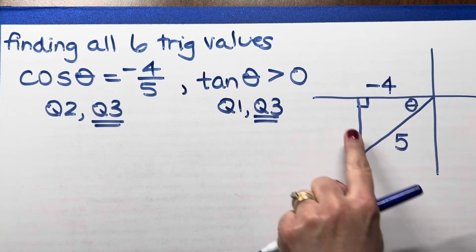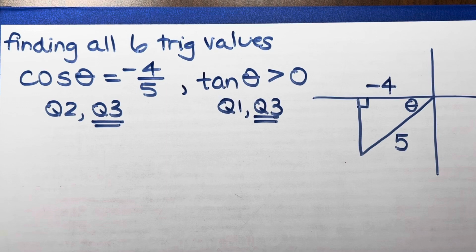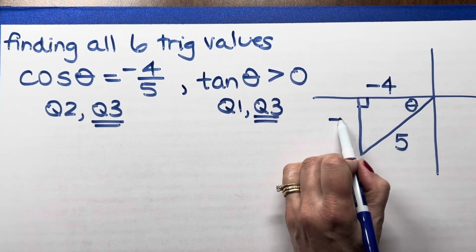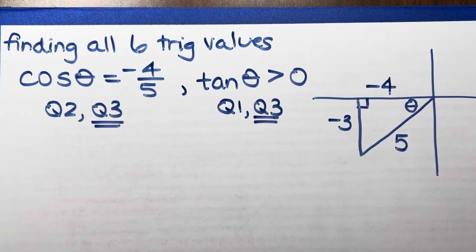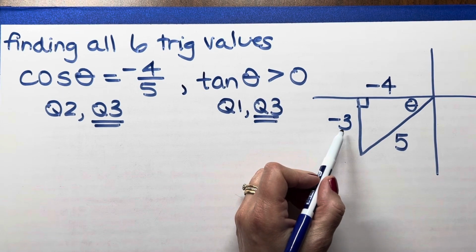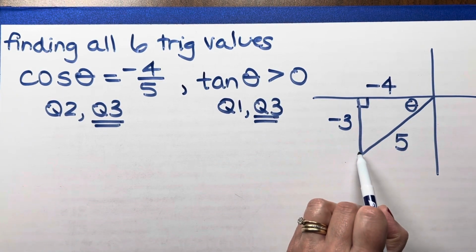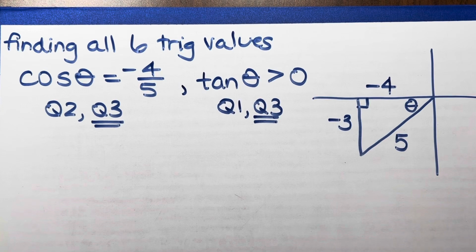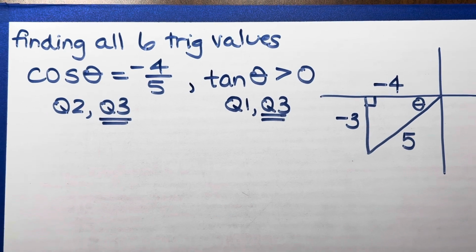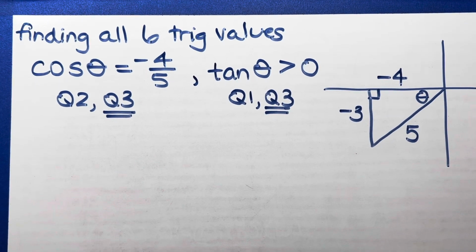If you recognize this as a special Pythagorean triple, my third side is going to be a 3. But I'm also going to make it a negative because both the x and the y, meaning the sine and the cosine, are negative in quadrant 3. That will be useful when we start labeling our other values.